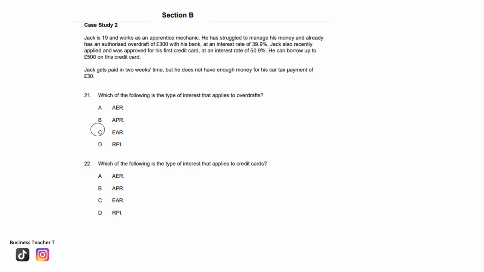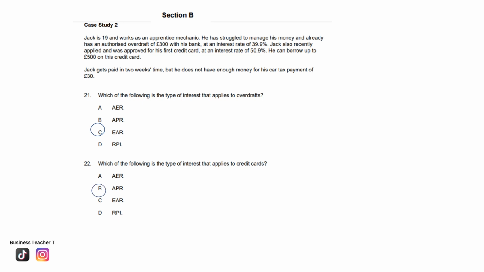Which of the following is a type of interest that applies to credit cards? A. AER, B. APR, C. EAR, or D. RPI? And the answer is B.